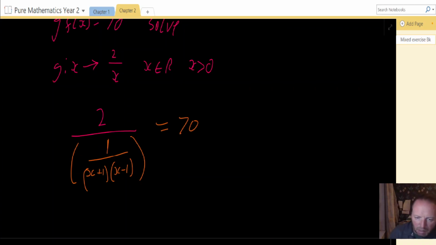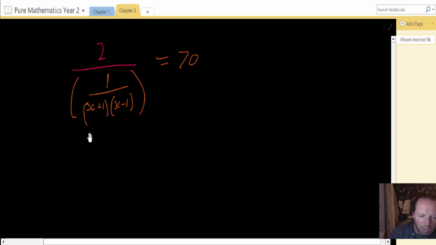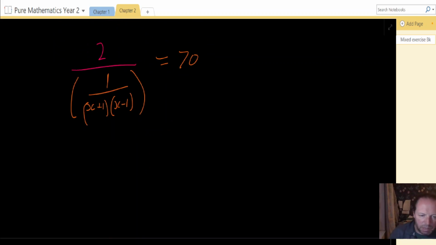That's a bit messy but not to worry. So what can we do with that? Let's multiply out this whole thing here. So we're going to end up with 2 is equal to 70 over (x plus 1)(x minus 1).